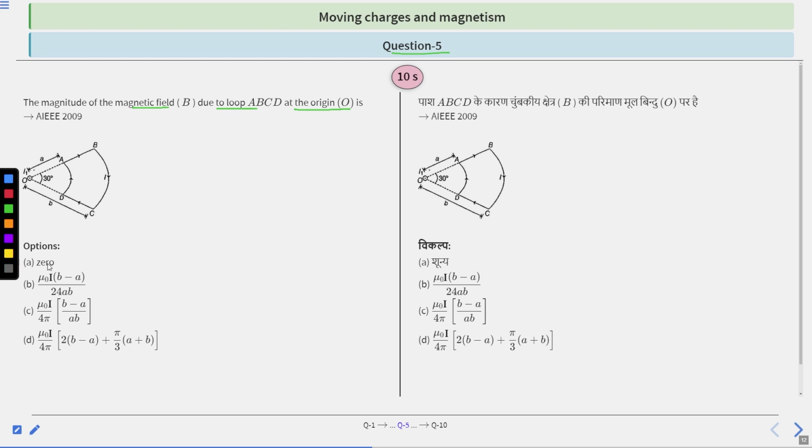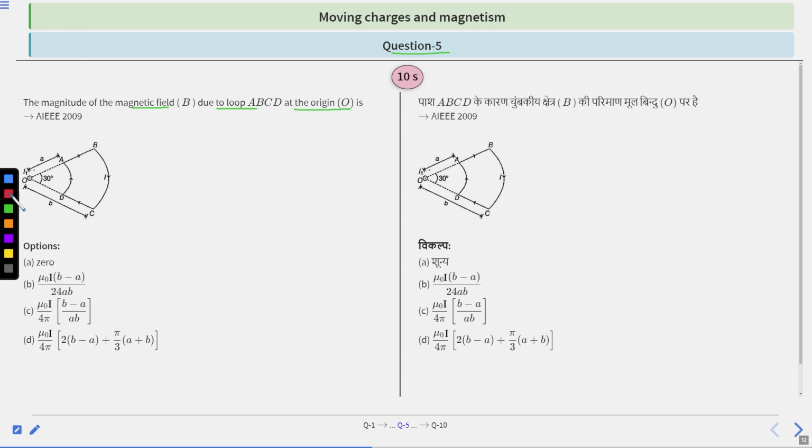Clear? Given options: option A is 0, option B is mu naught I (B minus A) divided by 24AB, option C is mu naught I divided by 4 pi (B minus A) divided by AB, and option D is mu naught I divided by 4 pi, 2(B minus A) pi by 3(A plus B). So which one is correct?